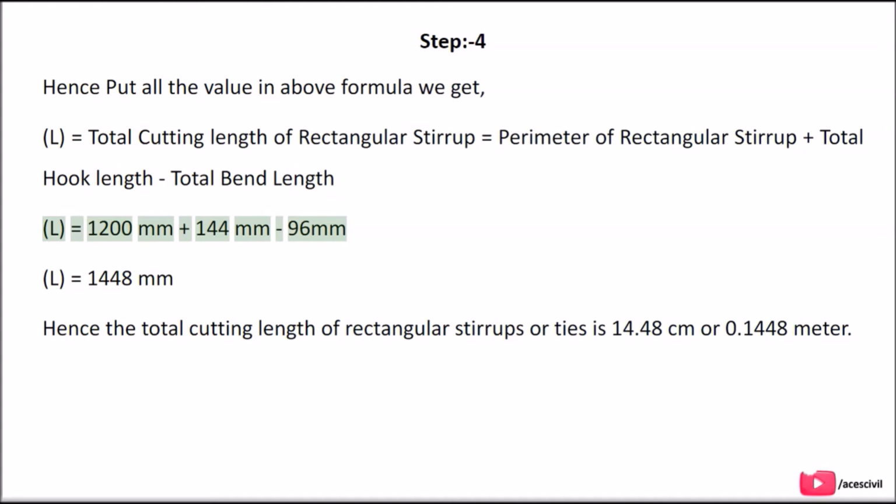L equals 1200 mm plus 144 mm plus 96 mm. L equals 1440 mm. Hence the total cutting length of rectangular stirrups or ties is 144 cm or 1.44 meter.